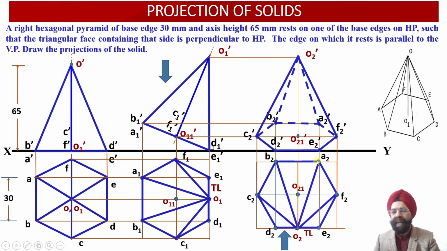So these three edges are lying on the rear side of the solid, which will be covered by this surface of the solid over here. Similarly, the slant edges O2 dash, B2 dash and O2 dash, A2 dash have also been drawn as hidden lines because they will be appearing on the rear side of the solid over here.